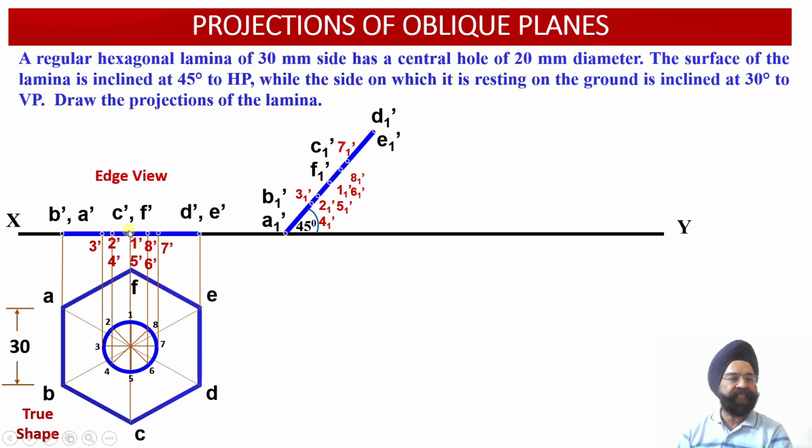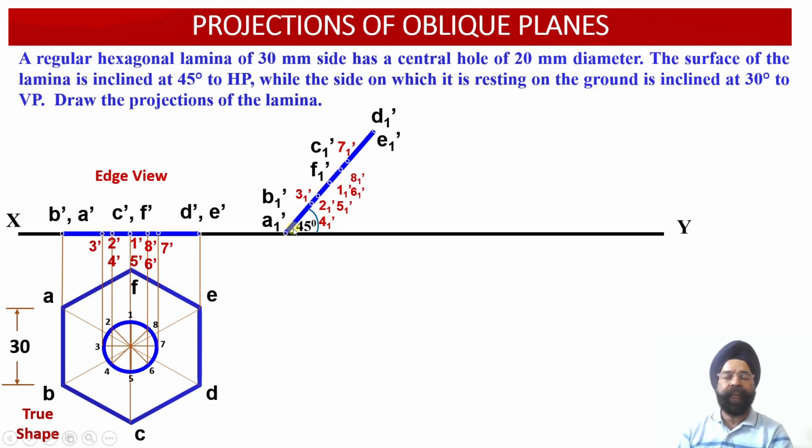So maintaining the same distances between all these points on the edge view line, we have been able to transfer all these 14 points in such a way that the surface of the lamina will be inclined with respect to the horizontal plane at an angle of 45 degree.